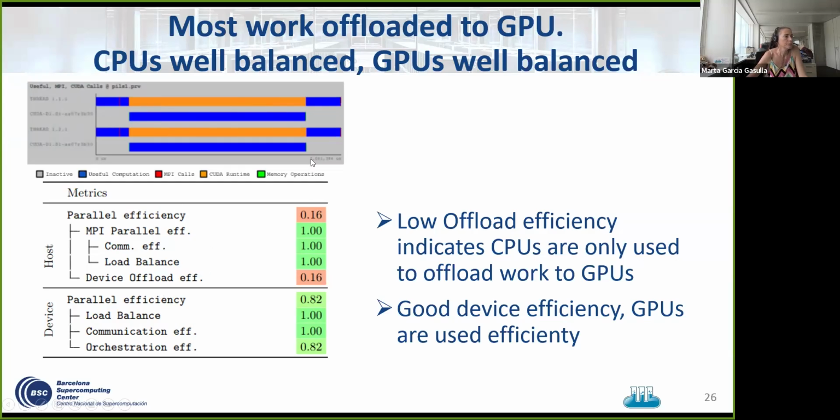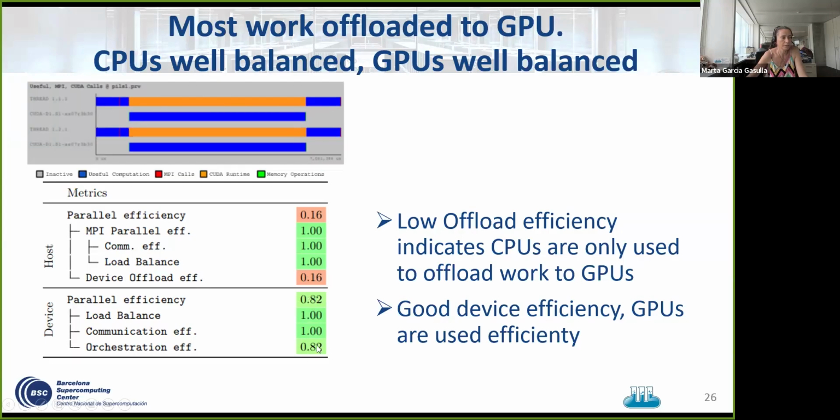The metrics that we obtain for this use case are these ones. Analyzing them, we see a low offload efficiency for the host, which indicates that the CPUs are only used for offloading work to the GPUs, not for doing useful work. On the other hand, the parallel efficiency of the device is quite high.